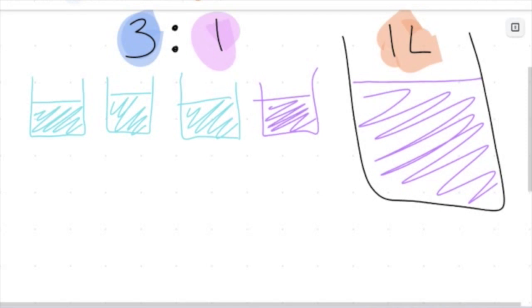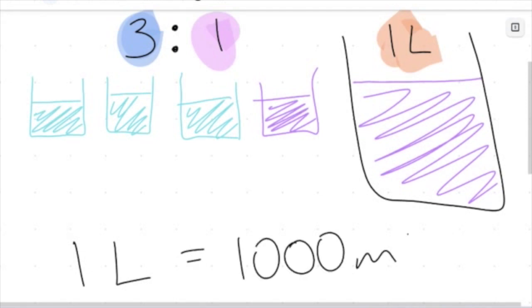I've measured this with a measuring cup, measuring glass, and I've made my liter of cordial. Now, to make this a bit simpler, I'm going to convert my 1 liter into milliliters. So I'm going to say that 1 liter equals 1,000 milliliters.